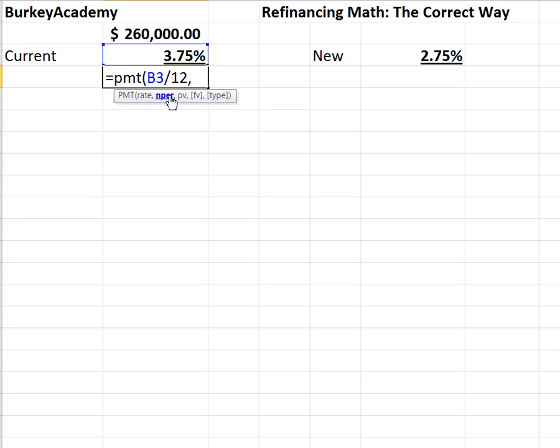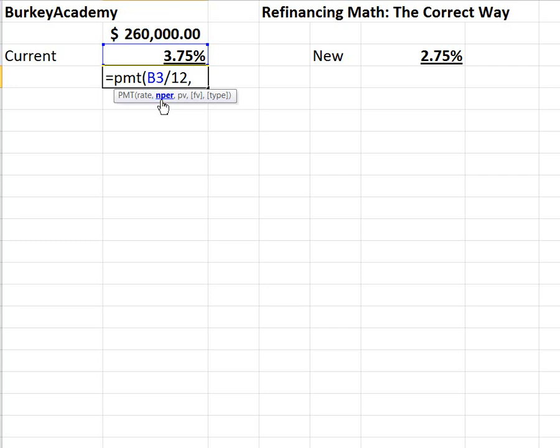It wants the number of periods. So how many payments are there going to be between now and the time you pay off the mortgage? So the number of periods, if you were refinancing for 30 years, would be 30 times 12, or 360 payments. What I'm going to do is work with my bank to keep the number of payments remaining the same.